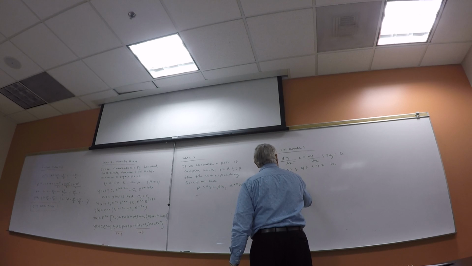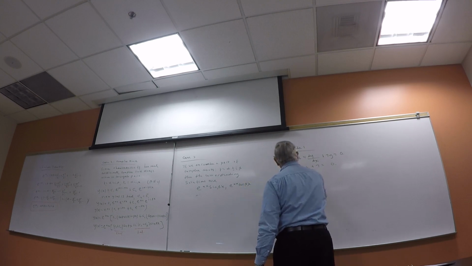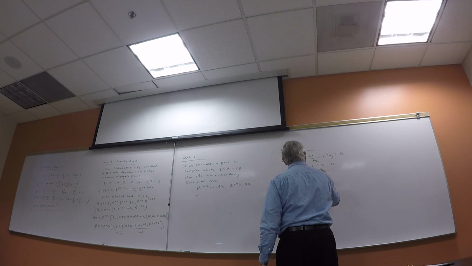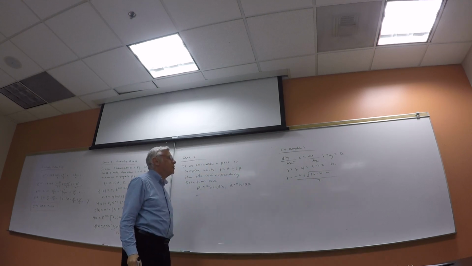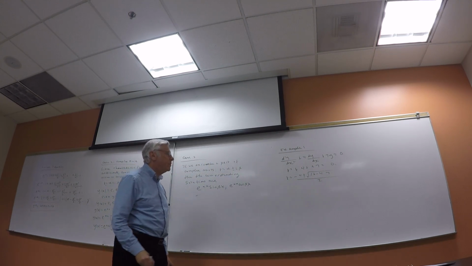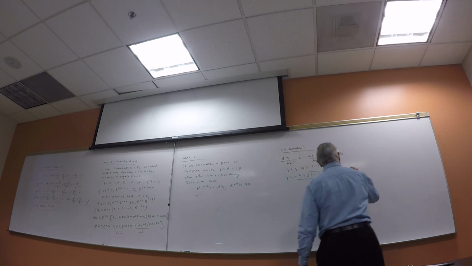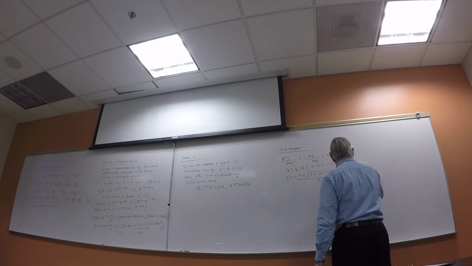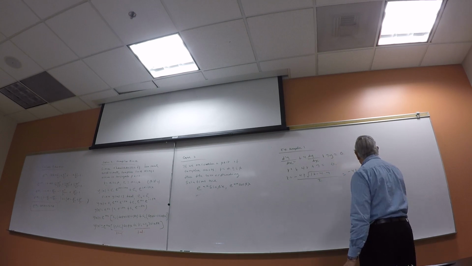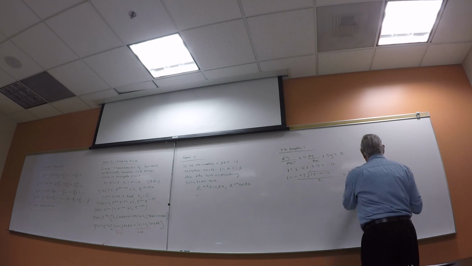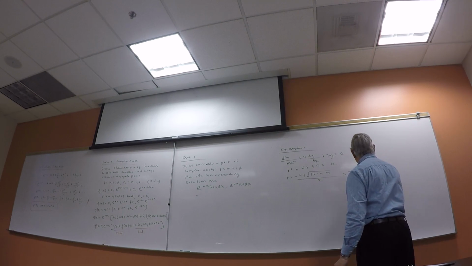Right, that doesn't factor, so we'll have to use the quadratic formula. Negative 4 plus or minus the square root of 16 minus 4 times 7, all over 2. So that becomes negative 4 plus or minus the square root of 16 take away 28, which is negative 12, over 2.